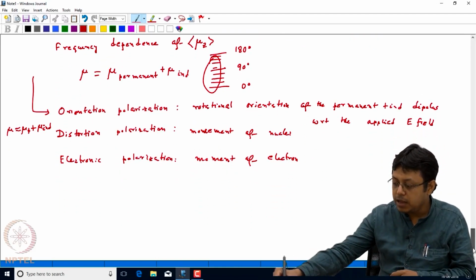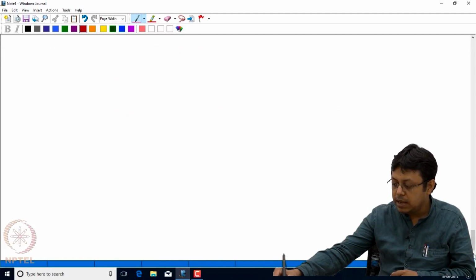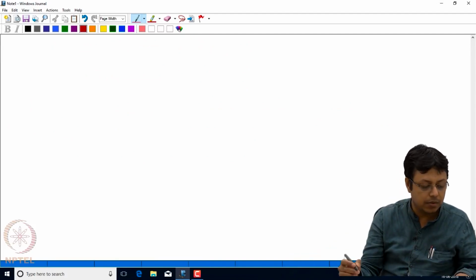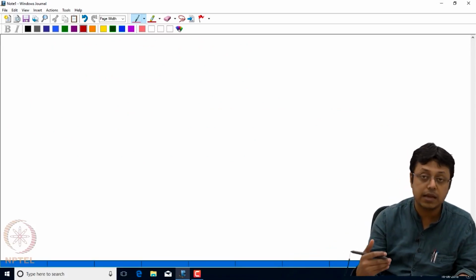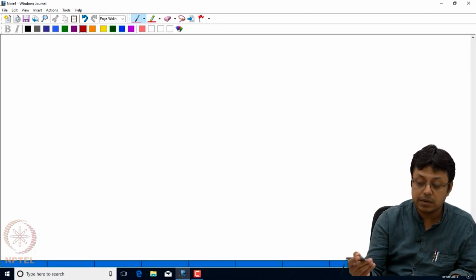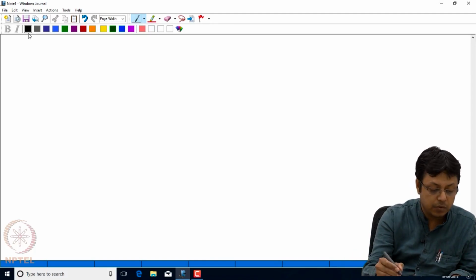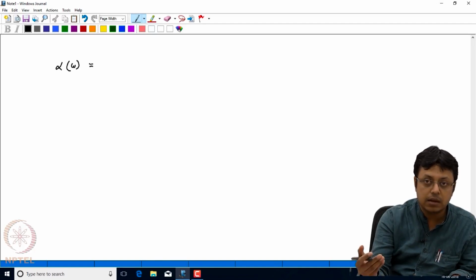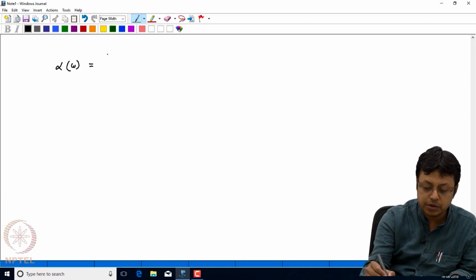Now we can move on and ask the question: how can we understand this frequency dependence? Again, for that we can get an expression for alpha, using second order perturbation theory, which we cannot discuss here.